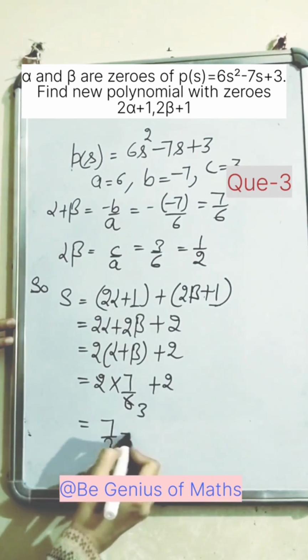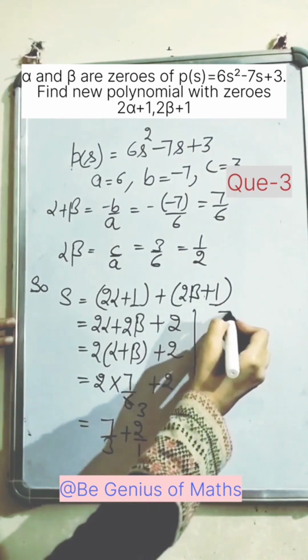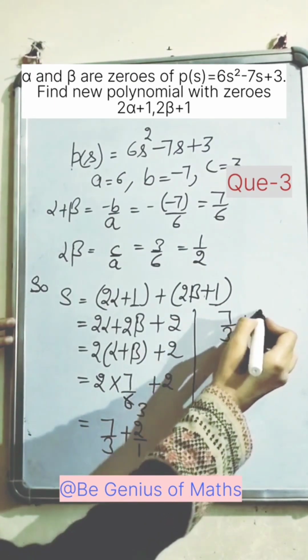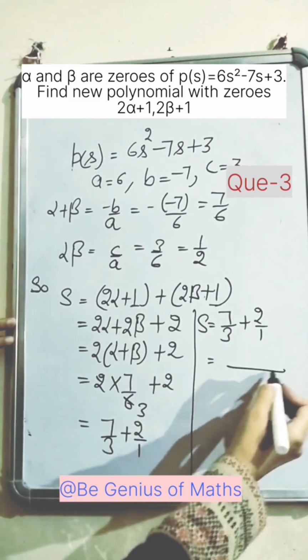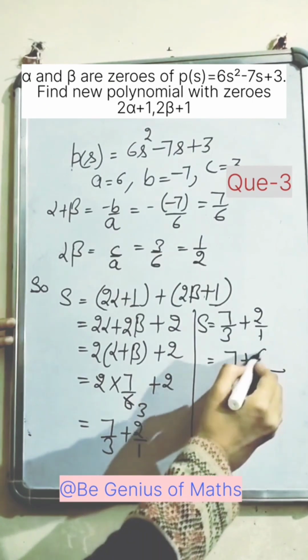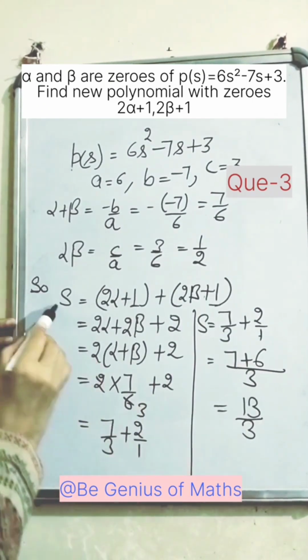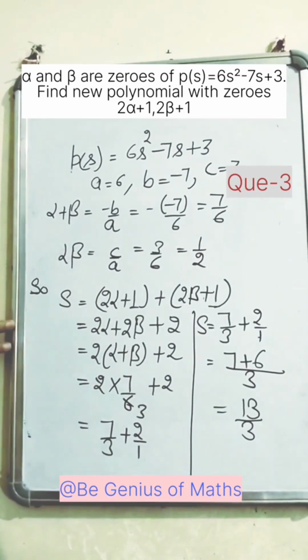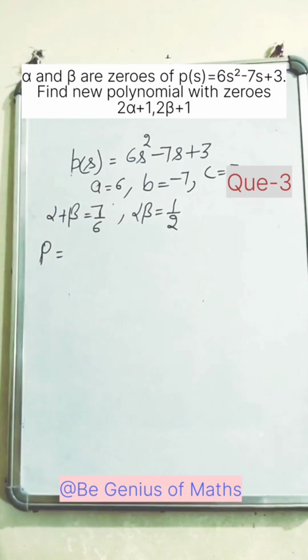Now by taking LCM, the sum of new zeros is 13 by 3. Now what is the next step?